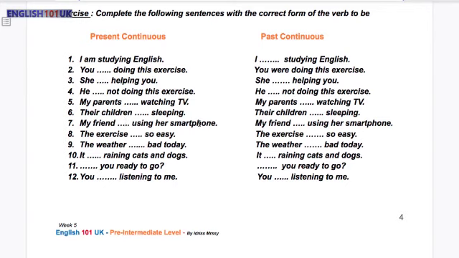My friend blank using her smartphone. 8. The exercise is so easy. The exercise blank so easy. 9. The weather is bad today. The weather blank bad yesterday.